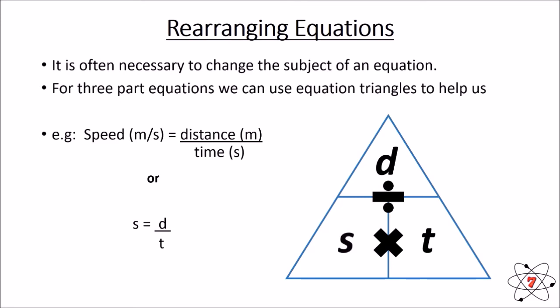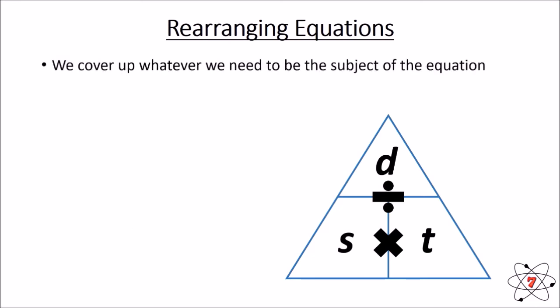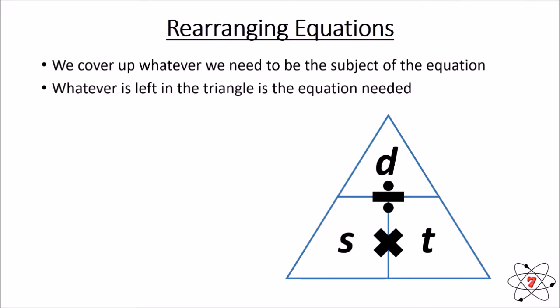We can now use this information to work out any other part of the triangle. So how are we going to do that? Well, we cover up whatever we need to be the subject of an equation. So, whatever is left in the triangle tells us the equation we need to work it out.